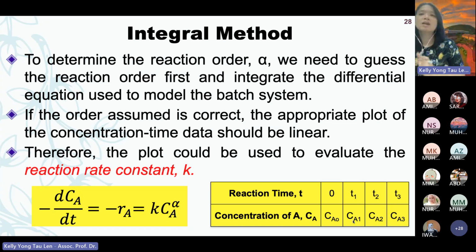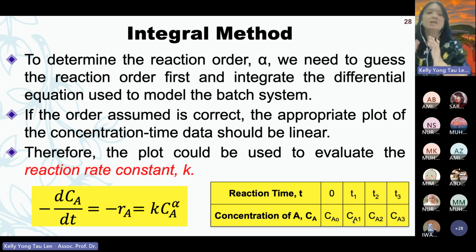Say it is first order, I have another equation, and I have to plot the graph based on the equation for first order. So what you plot will not be the same whether it is zero order, first order, and imagine if there is second order, and so on and so forth.